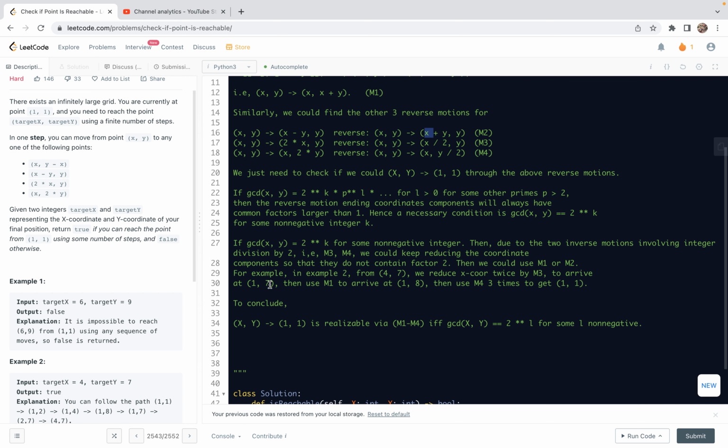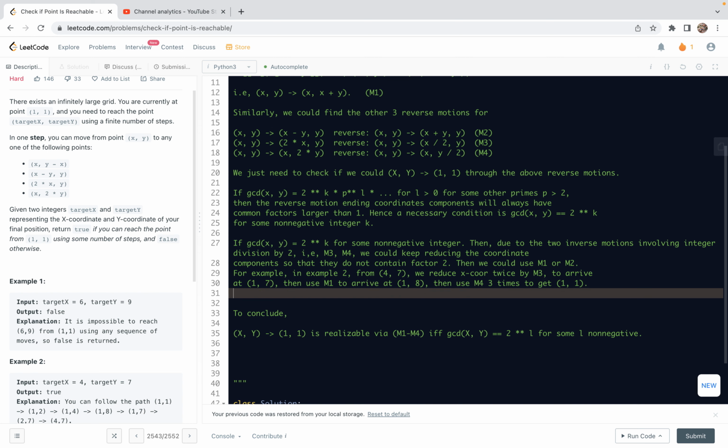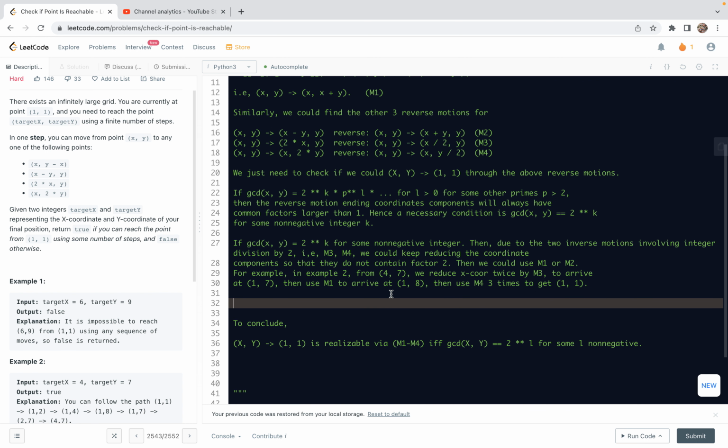So we can use M1, since 7 and 1 are reversed, right? If we use M1, what we get is 1 and 8, right? So 8 contains factors of 2. Then we can use 3 times M4 to reduce this one to be 1. So we get 1, 1.